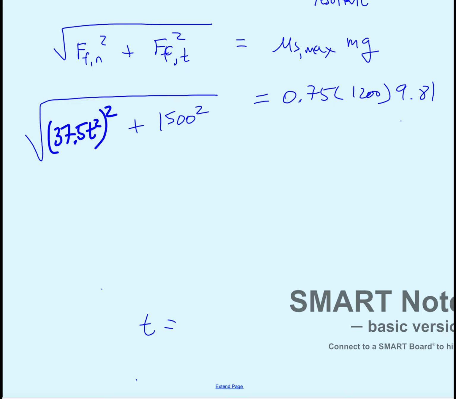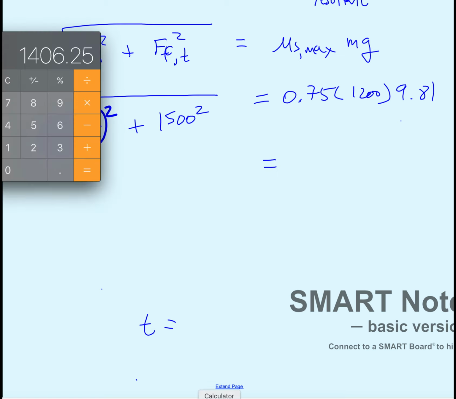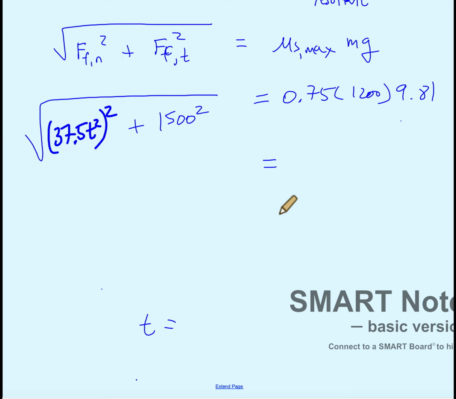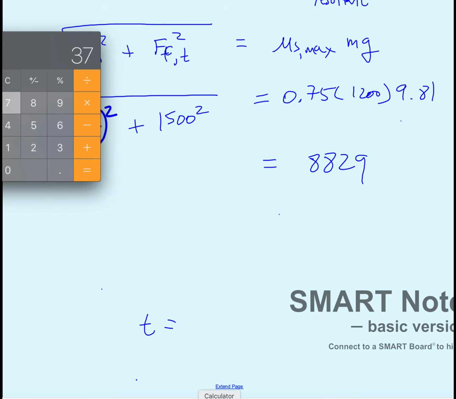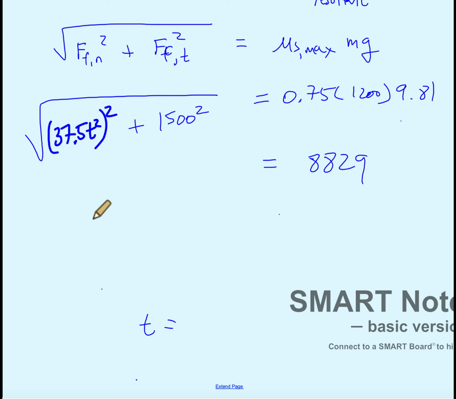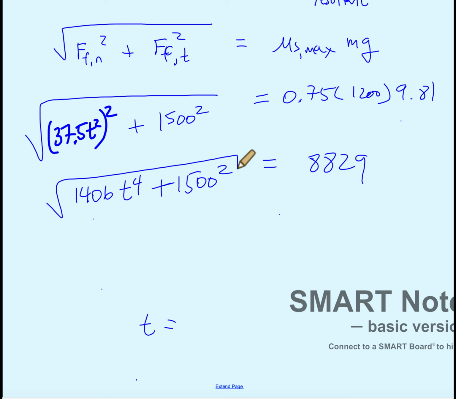So when we calculate the side, 0.75 times 1200 times 9.81, that's 88.29. And then we'll square 37.5, 1406 t to the fourth, plus 1500 squared, all in the square root, is 88.29.